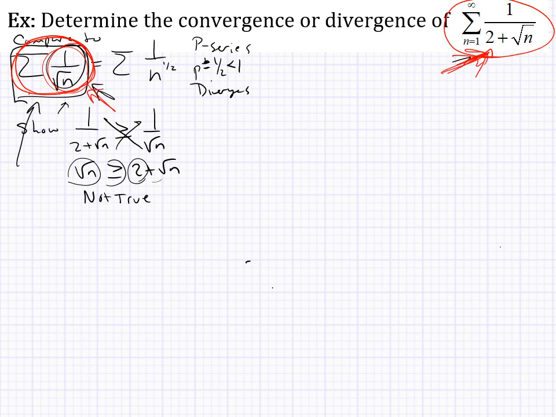Do you think adding 2 to the denominator is really going to affect it diverging or converging? Do you think it's going to change it from something that diverges to something that converges?